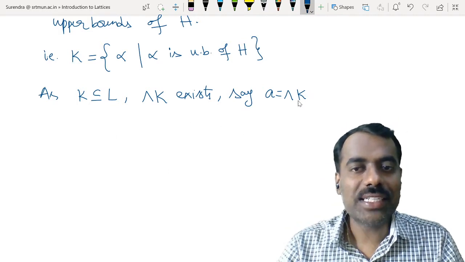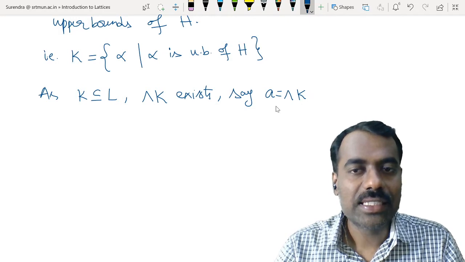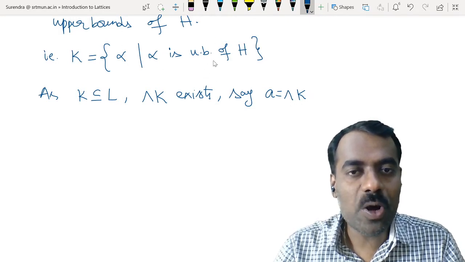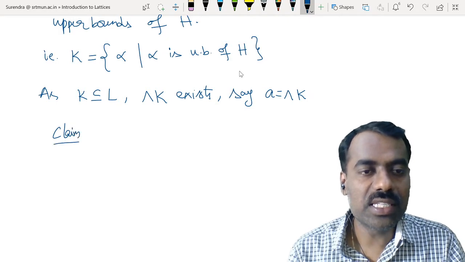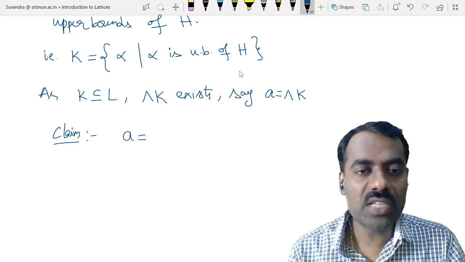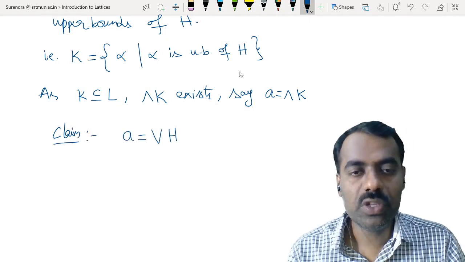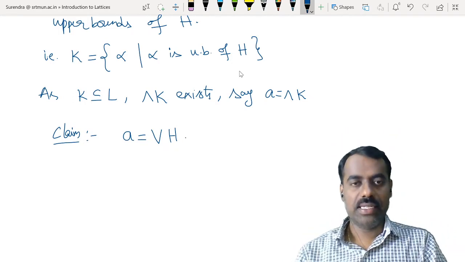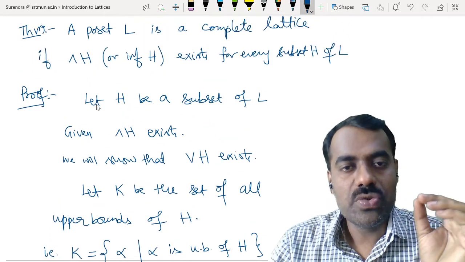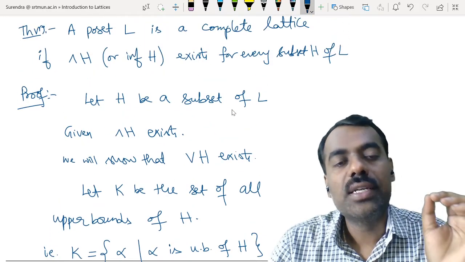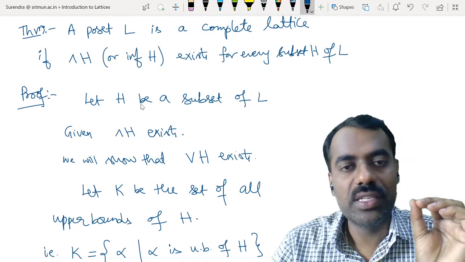Now, this A is the infimum, the greatest of all lower bounds. So our claim is that A should be the supremum of our H. Let me repeat this. The idea is simple. You take a subset, and we want to show that the least upper bound exists for it.